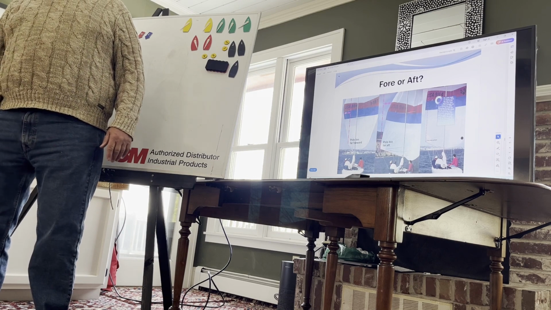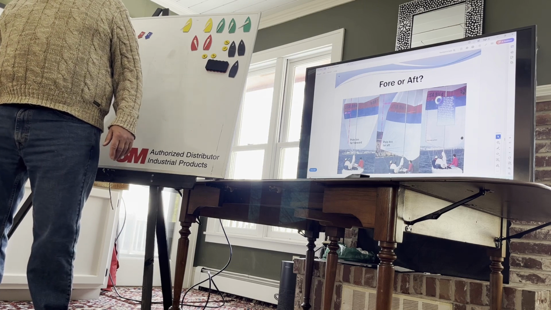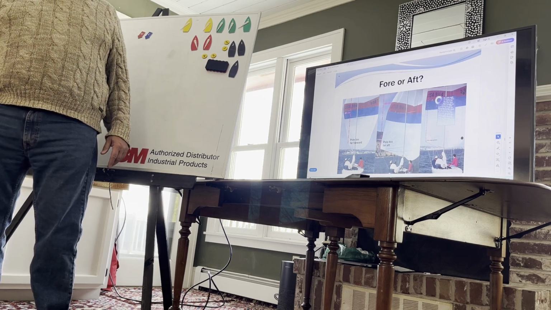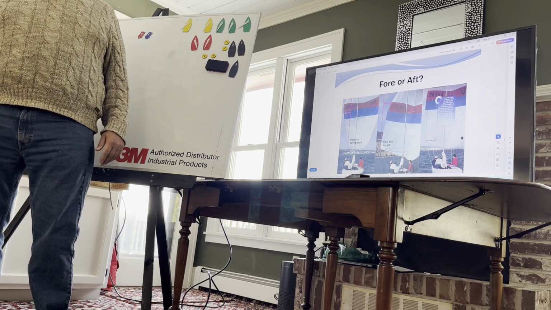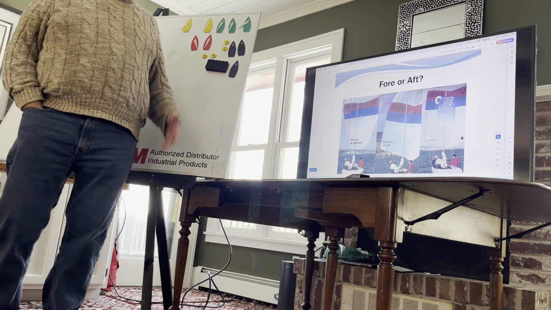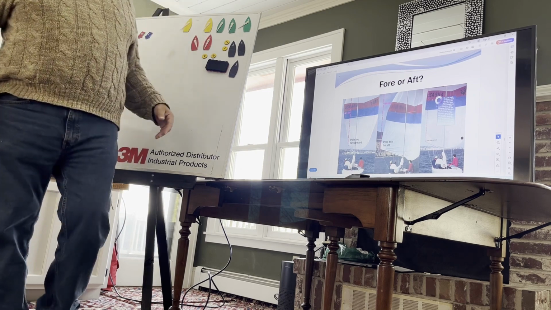They don't broach like an old IOR boat, but a J70 will broach too, and when it goes, it's kind of explosive. It's like fine, and then all of a sudden the rudder stalls and it goes whap.